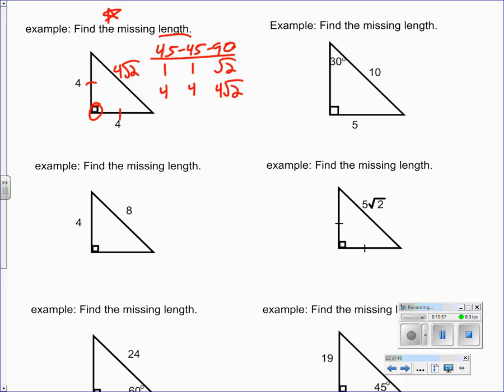So we're just trying to follow the pattern, find what pieces we have and what piece we're still missing. So this piece we had, this piece we had, right? So it lined up with these two. We had the ones across from the 45-degree angle. We're missing the hypotenuse across from the 90-degree angle.